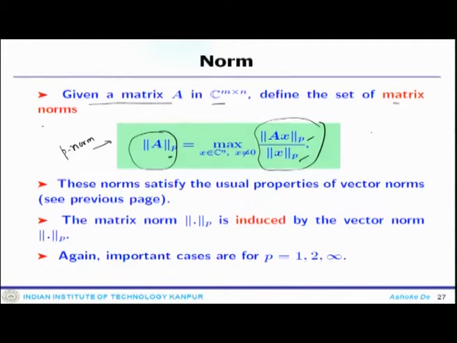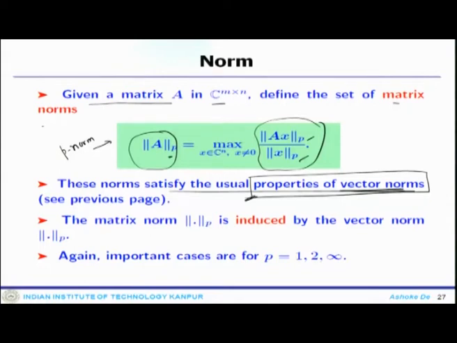Now, the norms you obtain for the matrix satisfy the usual properties of vector norms. What we have discussed for the vector norms, they do satisfy, so that is one of the added advantages. And why does that happen? Again, a matrix is nothing but a combination of row vectors or column vectors, so it always satisfies the properties of vector norms.